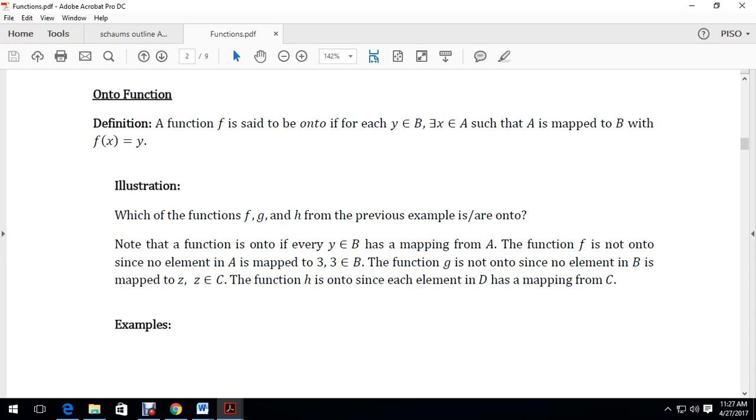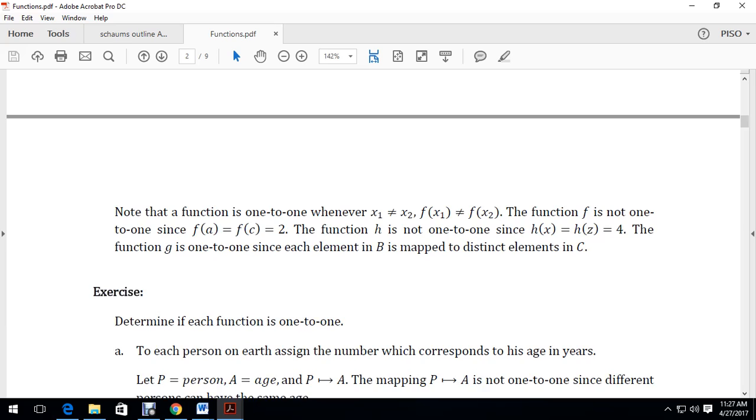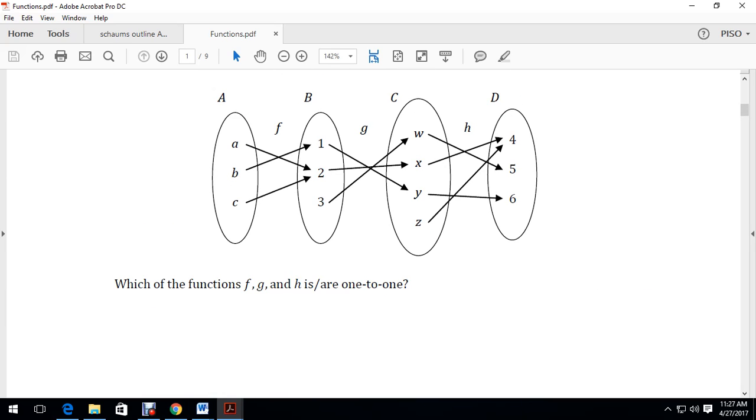Then the function f is not onto, since no element in A is mapped to the element 3 located in the second set B. Looking back at the illustration, take note that all of the elements in A have a mapping in B, 1 and 2, but since the element 3 in B is left out, no mapping is assigned to 3. Therefore, the function f is not an onto function.